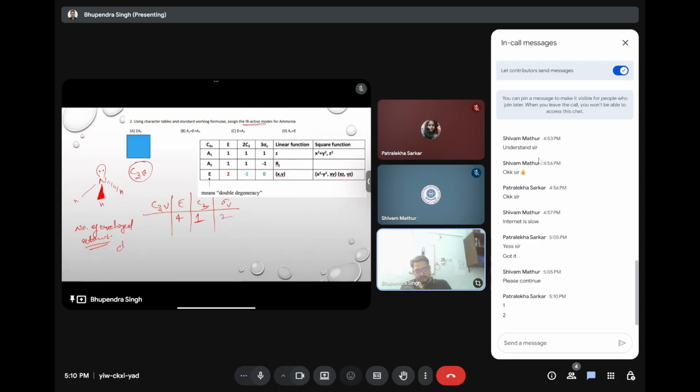So the character for E is 3, for C3 it is 0, and for sigma V it is 1.